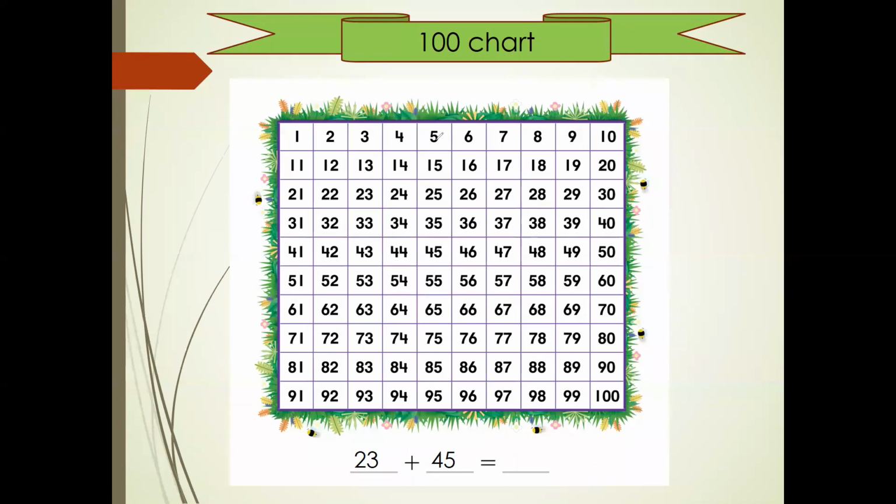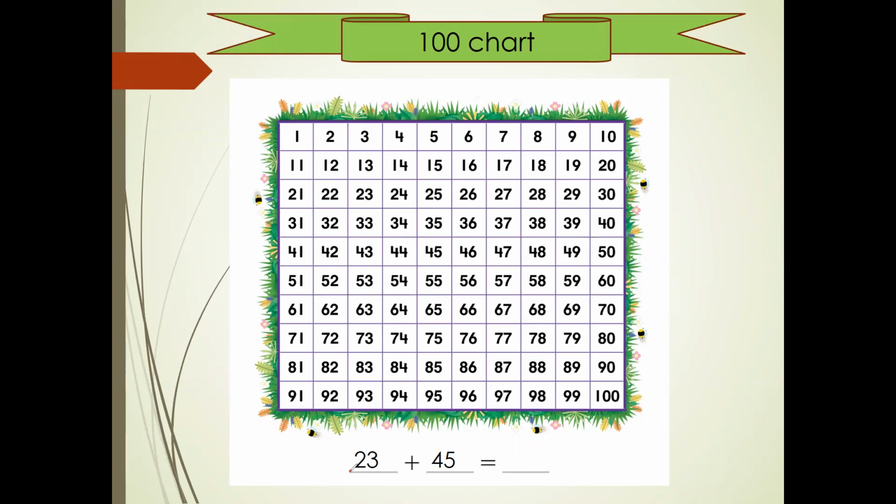So you have the equation 23 plus 45. First of all, to use any strategy to add 2-digit numbers, you need to clearly and confidently know how many tens and how many ones.